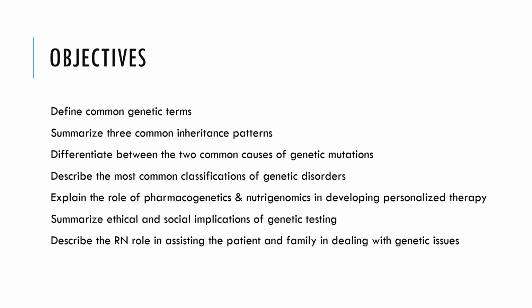There are some objectives. The genetic terms. There are basically two or three inheritance patterns. That's what you will be expected to know. We'll look at some basic genetic mutations, the most common classifications of genetic disorders, and then we'll look at not only pharmacogenetics.